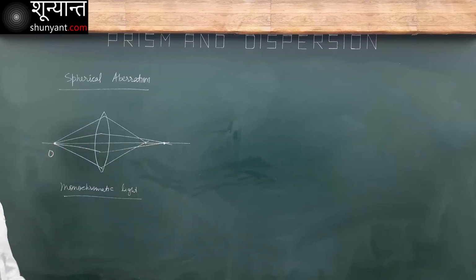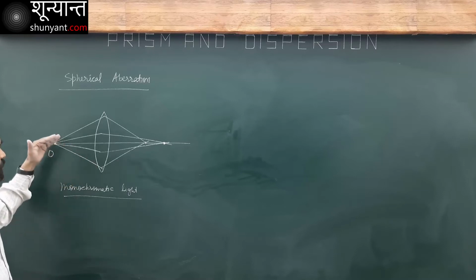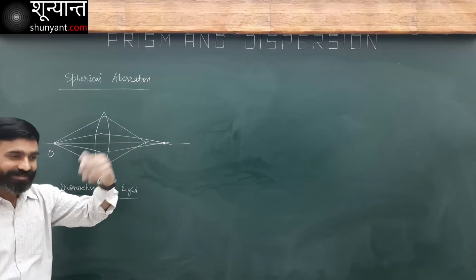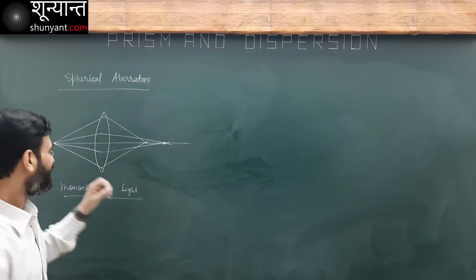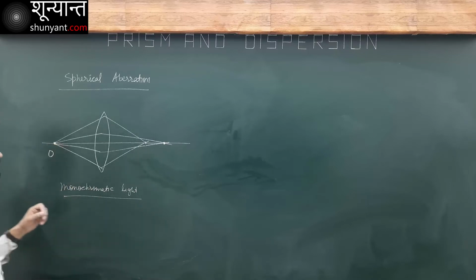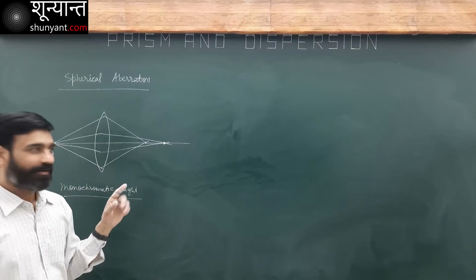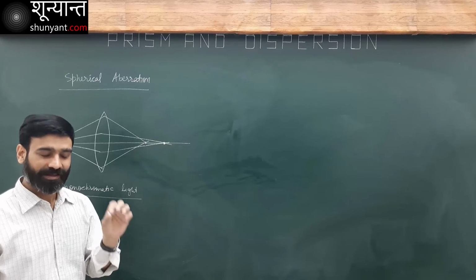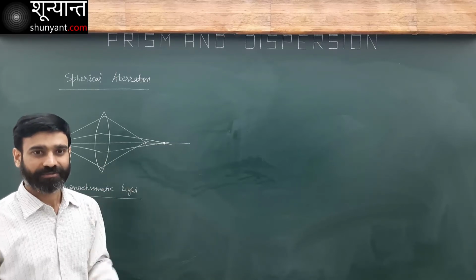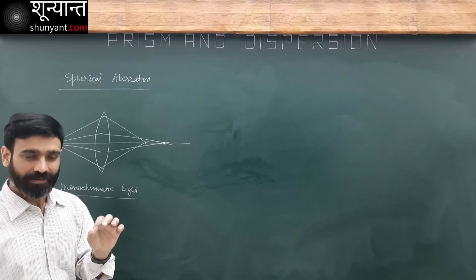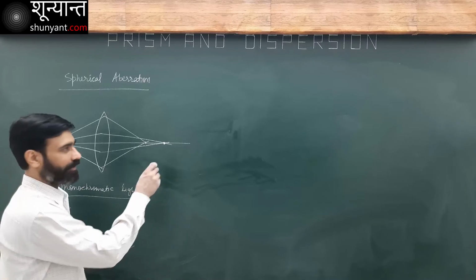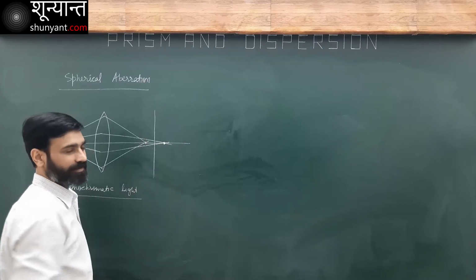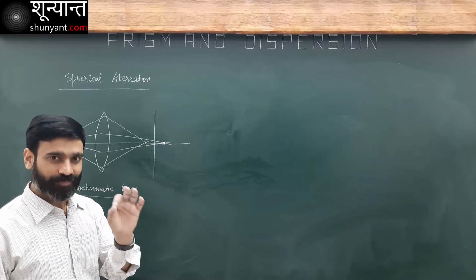Okay. So light rays from different parts of the lens focus at different places. I have this point object here. What do I expect? I expect a point image. But if I keep a screen here, I am not going to get a sharp point image.